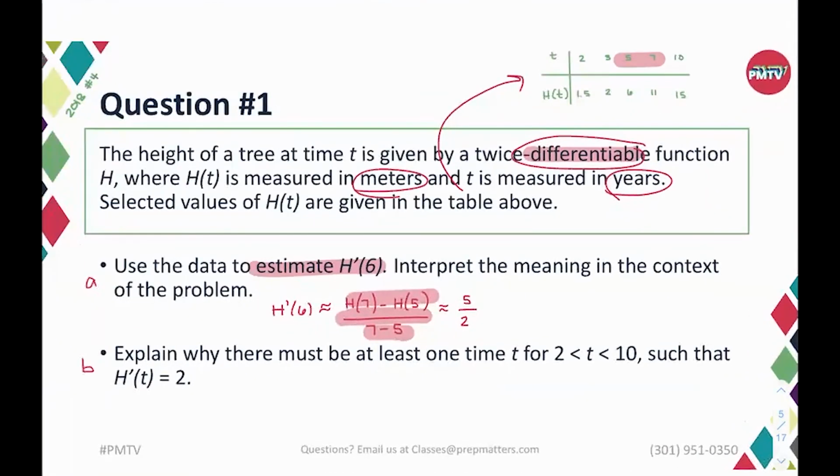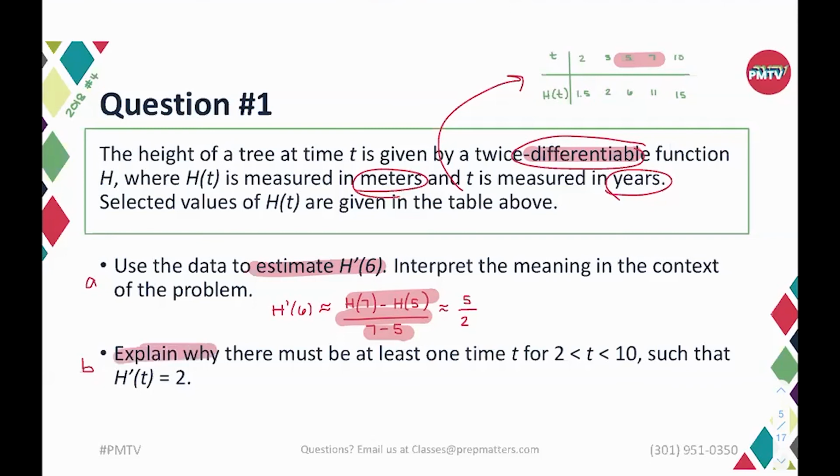The second part is the new part from today's session. Explain why there must be at least one time t between 2 and 10 such that h prime of t equals 2. This is a pretty common question setup for the use of either the intermediate value theorem or the mean value theorem.